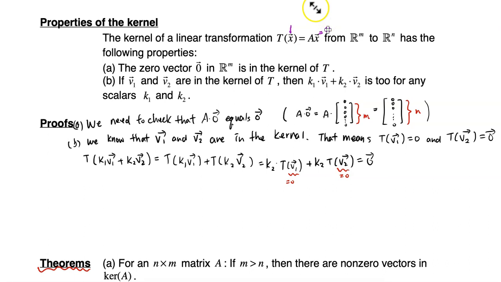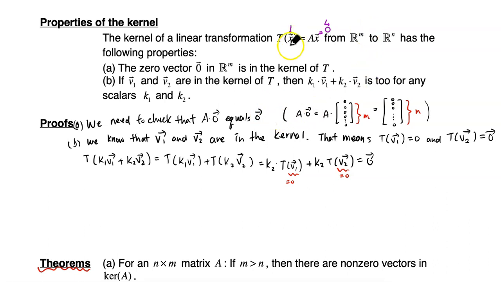That would be what we mean when we say that the 0 vector is in the image. So here the 0 vector is in Rm, so it's in the original space.